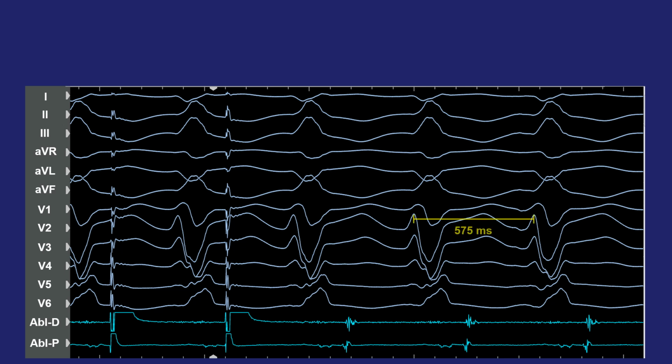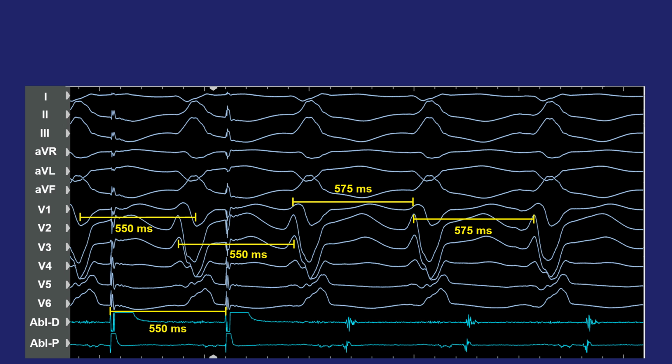Okay, here the cycle length of VT is 575 milliseconds, and pacing was performed at 550 milliseconds, a little faster than the VT. And the first thing that you're always going to do is figure out and ensure that you indeed entrained and advanced the QRSs, and then figure out which was the last advanced QRS. So let's make those measurements.